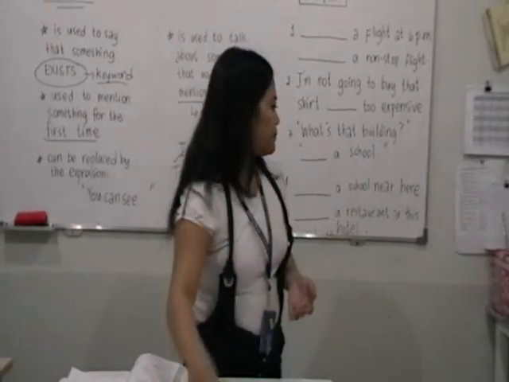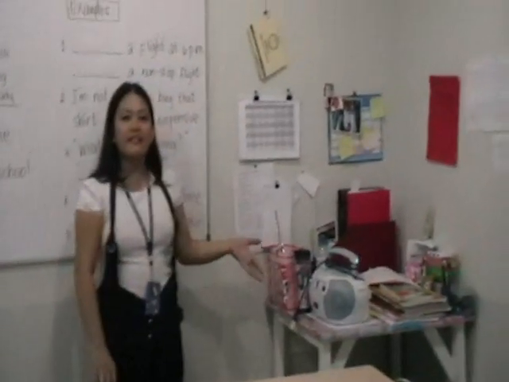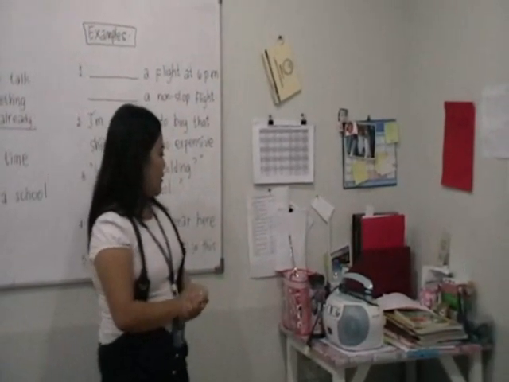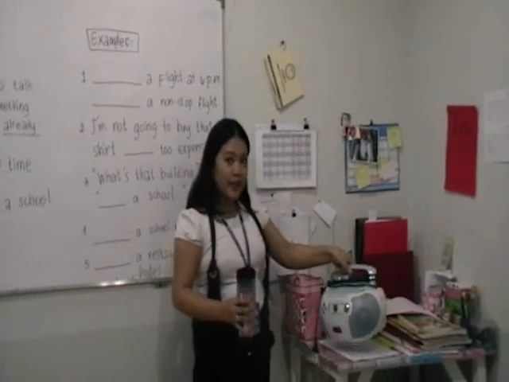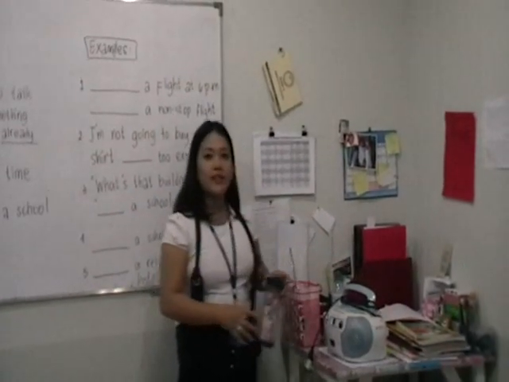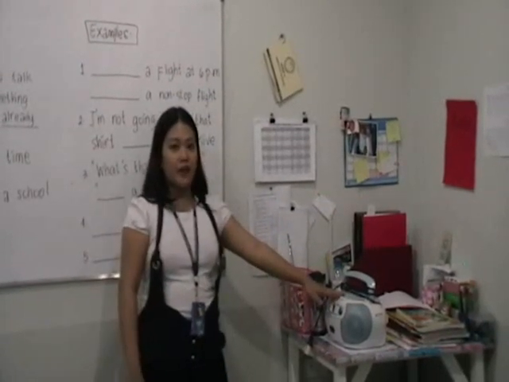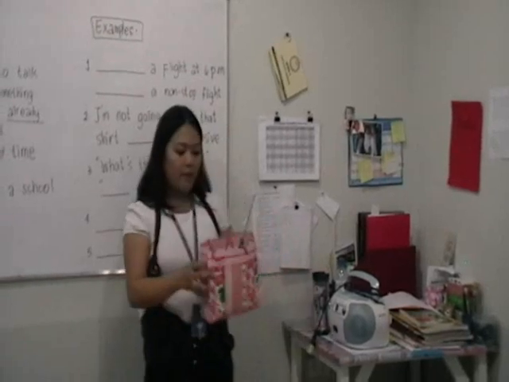Another example. On this table here, there are various things that you can see. You can see a mug, you can see a cassette player, or you can use the expression there. You can say, there is a cassette player on the table. There is a mug. And here we have a paper bag.